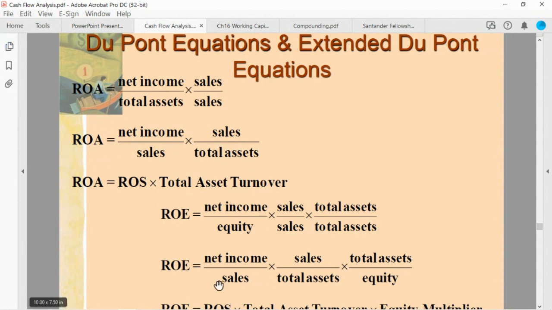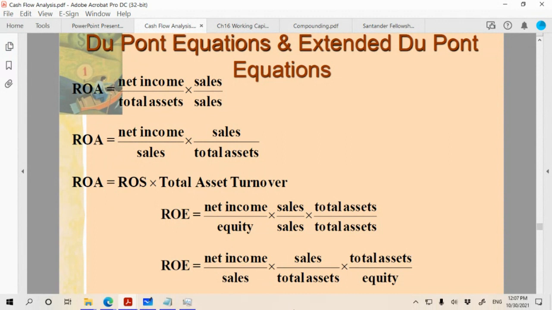First of all, let's think about ROA and ROS.